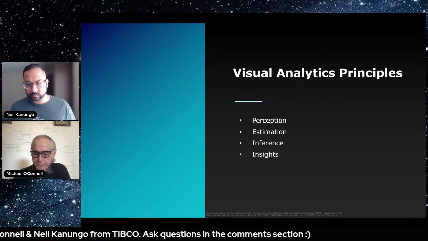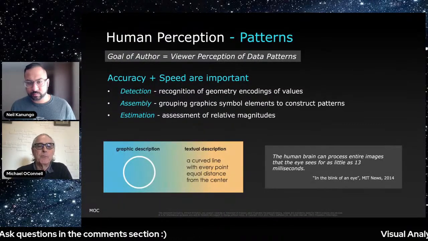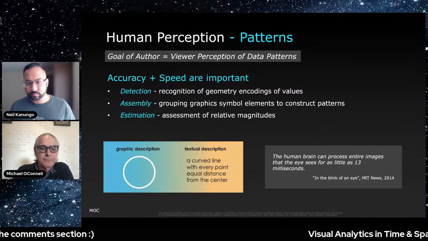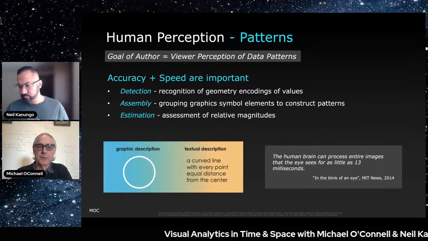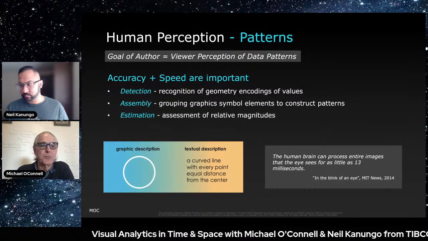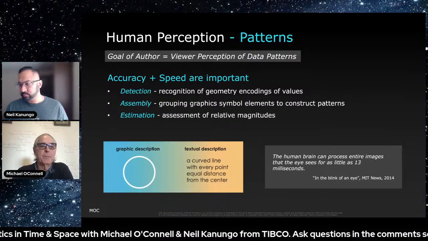That's the sequence. And just to recap, folks should understand how we perceive patterns as humans, and the goal of the author is to layer into the way that we perceive patterns. Accuracy and speed are both important.